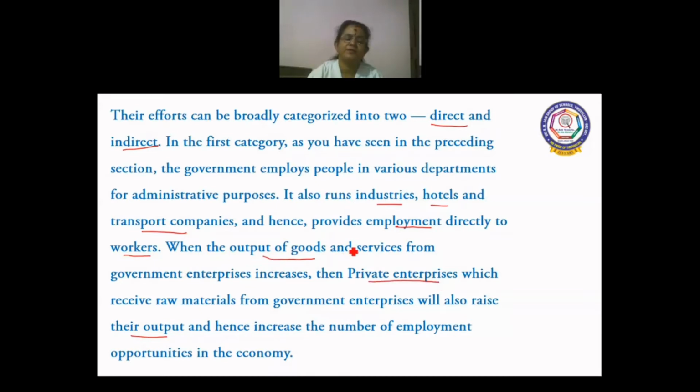The government either provides raw materials to private industries, or sometimes it buys raw materials from private industries. When the output is provided to private industries, they also work to raise their output, and to raise output, they need to appoint people. Hence, the employment opportunity increases.